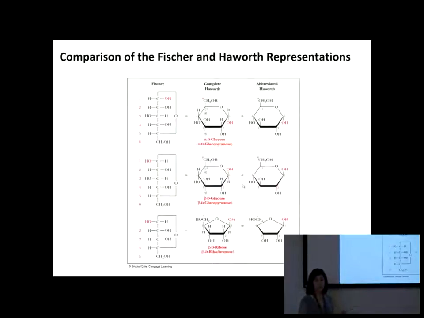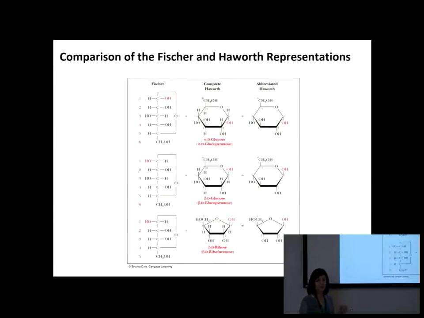We're only dealing with D-glucose now, and we know it's D-glucose because this carbon number 6 is pointing up. If it were L-glucose, the carbon number 6 would be pointing down. You'll never see that. So when we're looking at the anomeric carbon, the notation is alpha or beta, not D or L. Very important. It's beta if it's pointing up, alpha if it's pointing down.